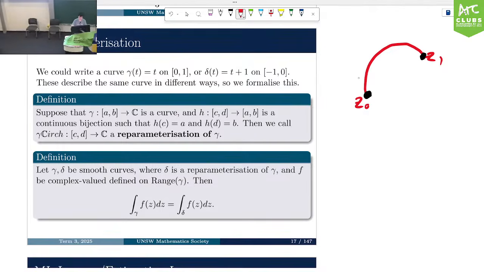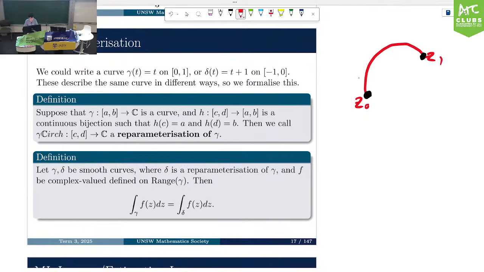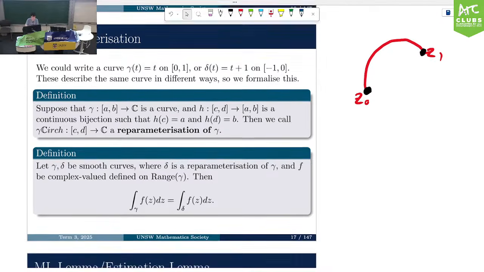We can even make it shuffle forward and back. But the nice thing about complex integration is that we don't have to worry. As long as we found one parameterization, we can use it, because any parameterization will give us the same answer. So that's what this formula is saying. As long as it's smooth and both parameterizations give the same range, then the answer will be the same.